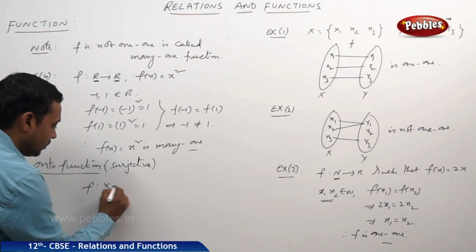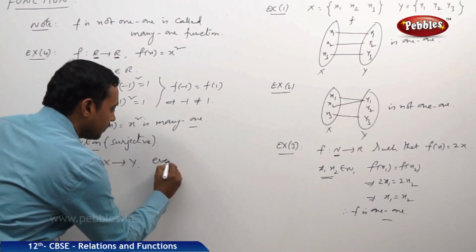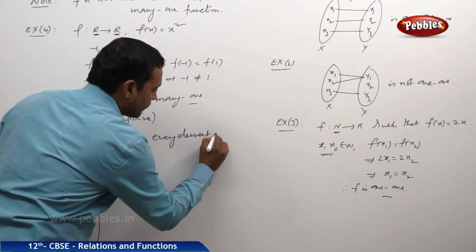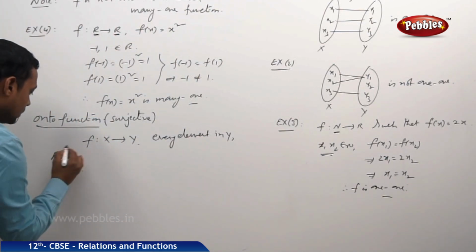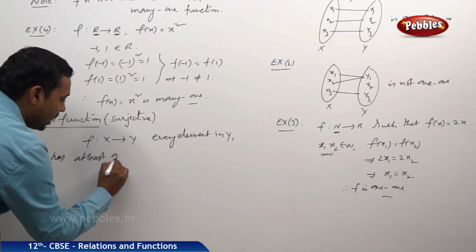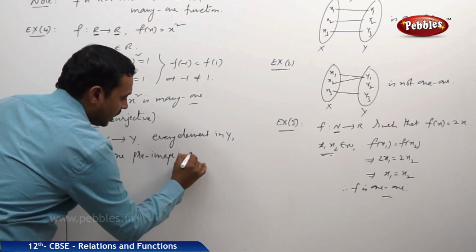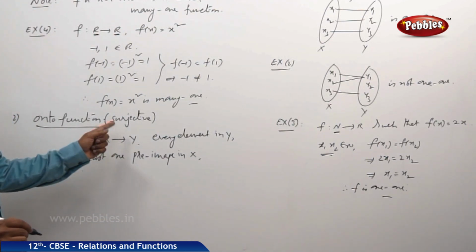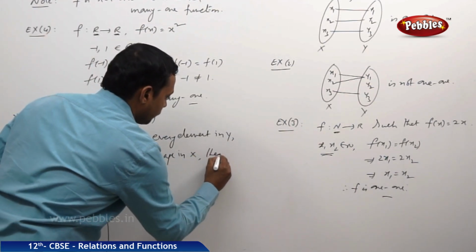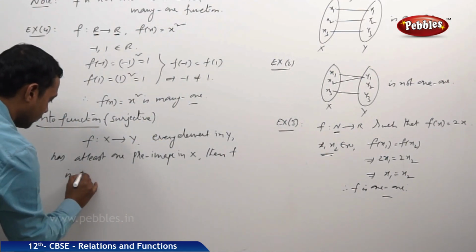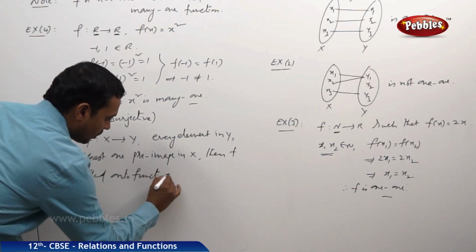Suppose a function f defined from X to Y, and every element in Y has at least one pre-image in X. See, every element in Y has at least one pre-image in X. Then the function f is called onto function or surjection.